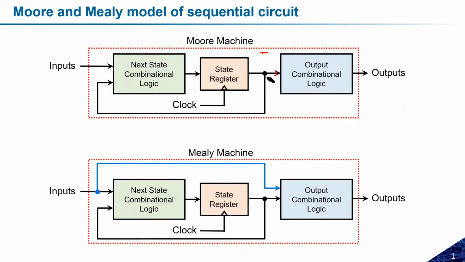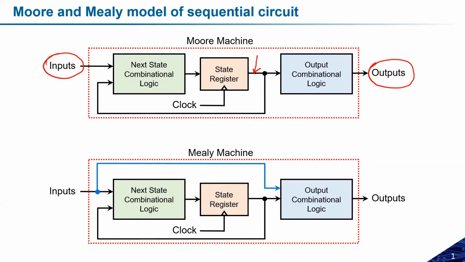So the first terminology is the input variable, the second is the output variable, and the third is the state variable, meaning the output of memory.